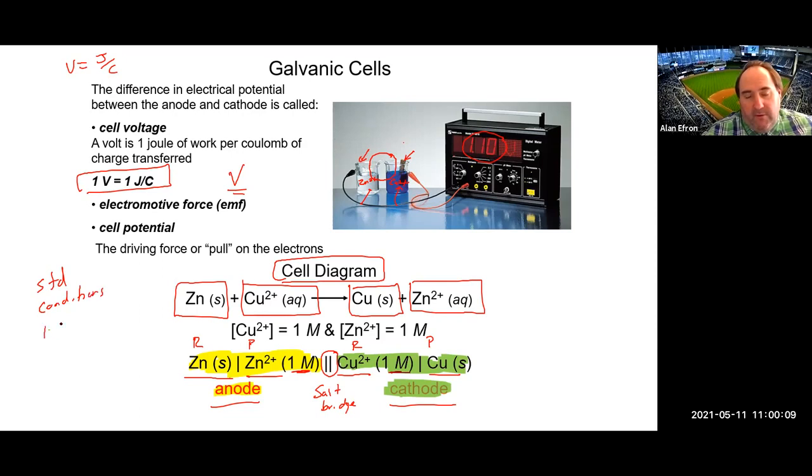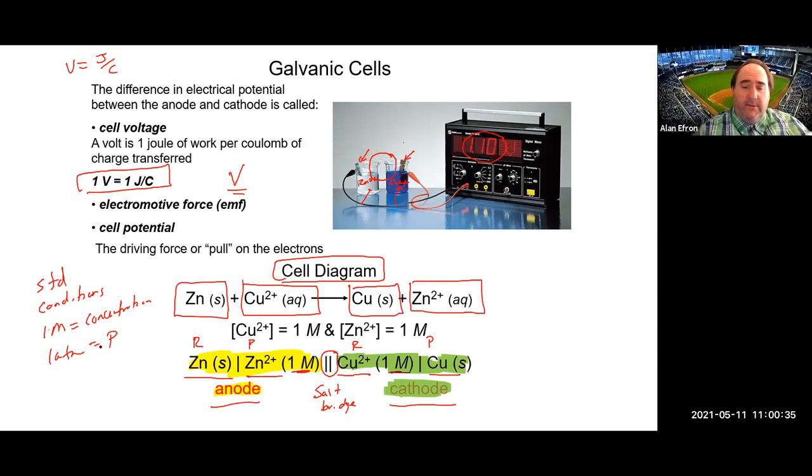One molar is standard concentration, and if we're dealing with pressure, one atmosphere is standard pressure. You can come across some pressure values here, and we'll see that in just a second. Any questions on how to write a cell diagram?